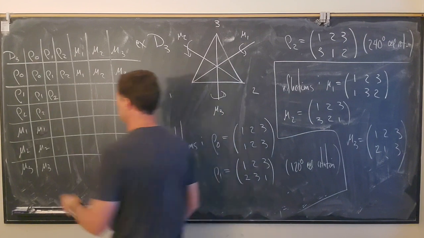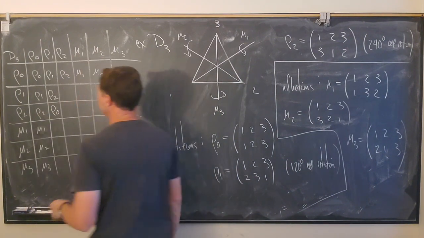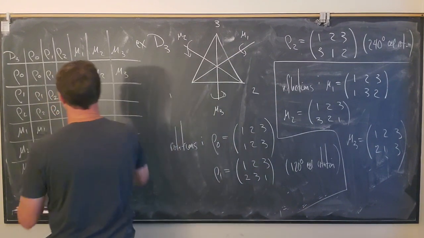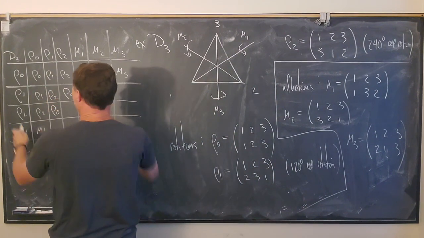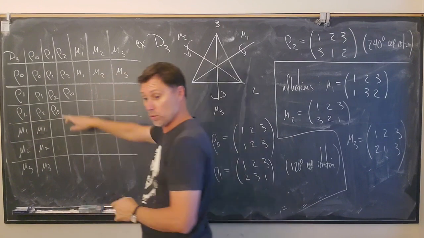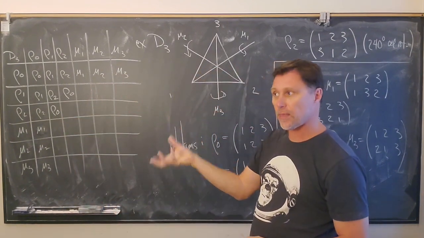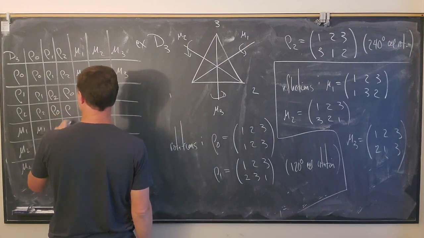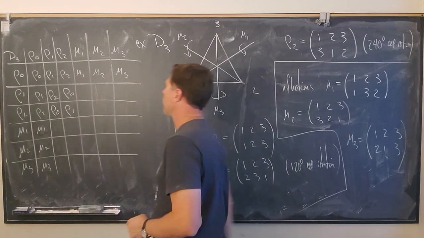That's 360, so that gives us rho 0. Rho 1 times rho 2 will definitely be rho 0. Rho 2 times rho 2 is 240 and then another 240, which is the same as 120. So that's rho 1. We filled in that little box there.